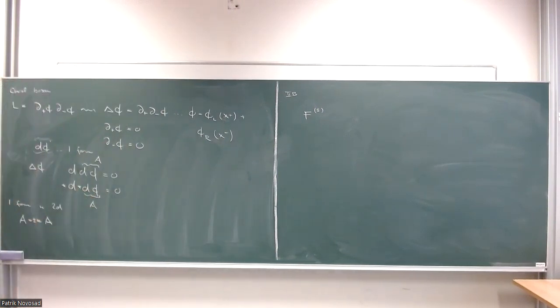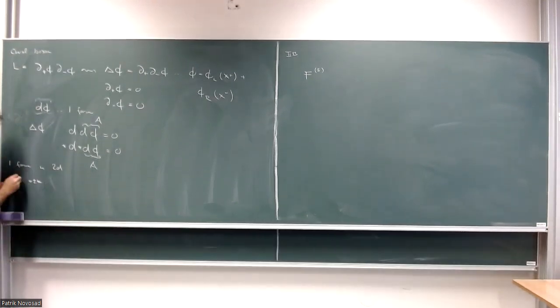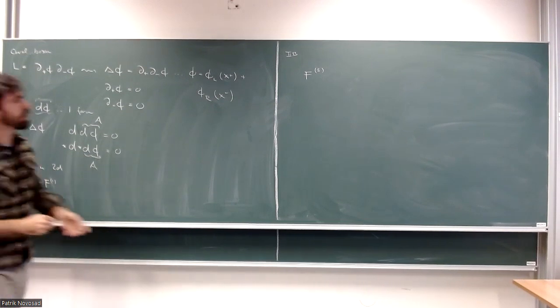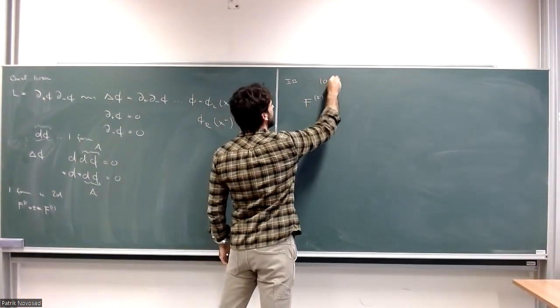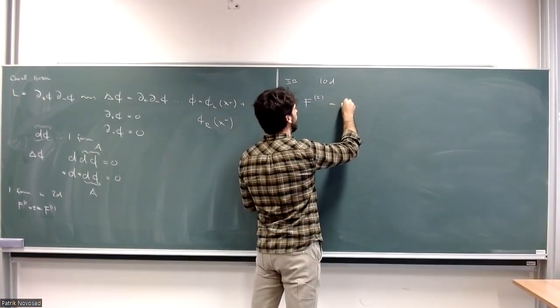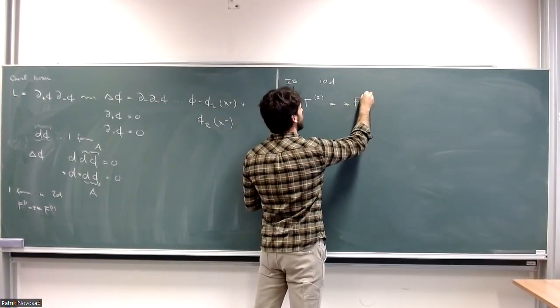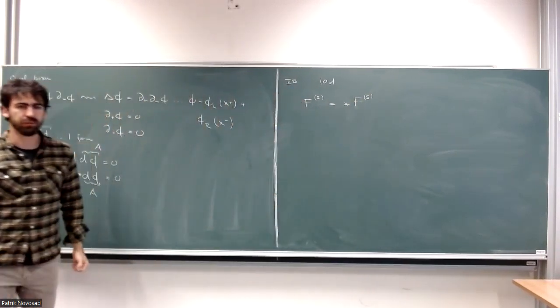It looks like a potential, but this is really the field strength. It's a field strength. Yes, F1. Thank you. So same here: I can have a 5-form with a self-duality condition. So that's another realization.